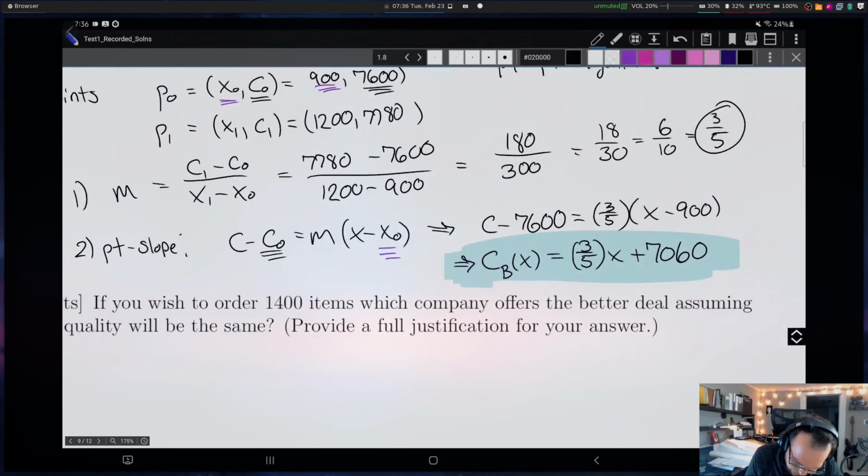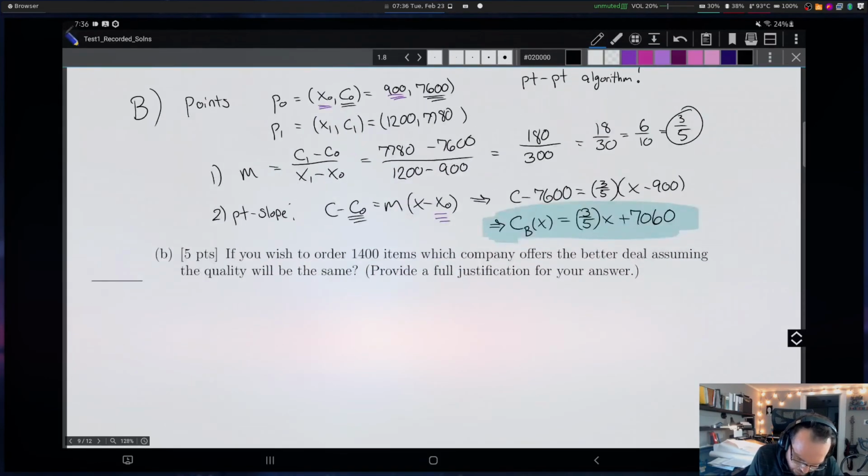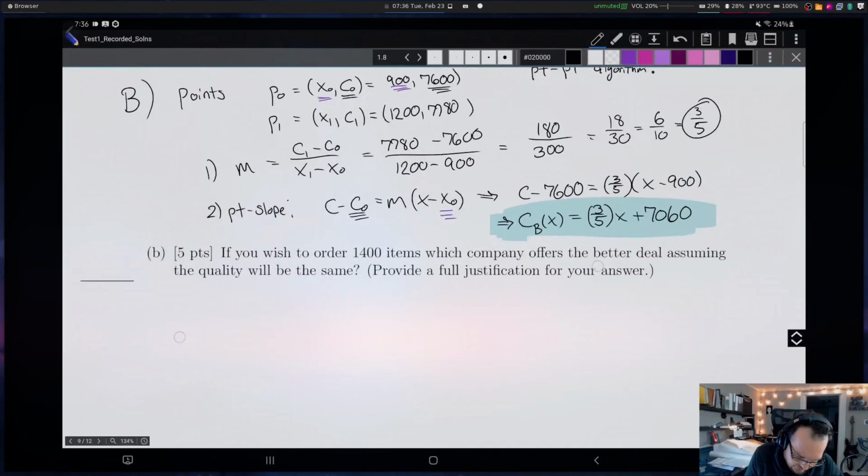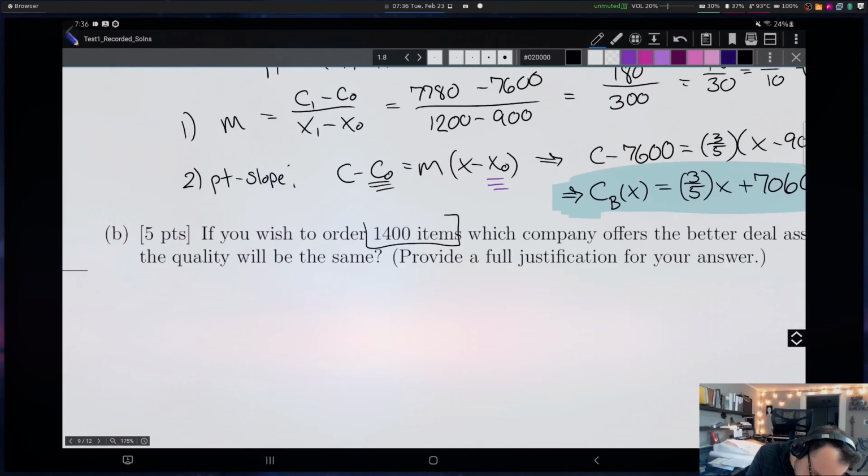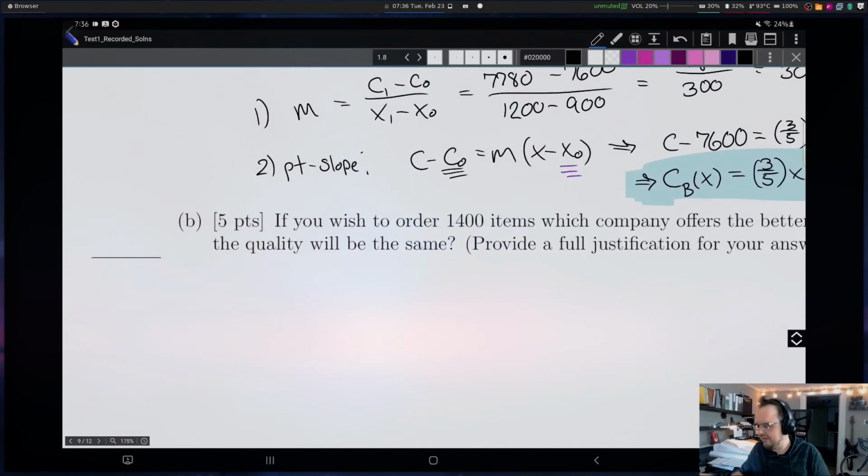Okay, so now the question for part B is, now we want to order 1,400 items, and we want to know who has the better deal. So this is a specific number of inputs, x equals 1,400, and since we know the cost depends on the number of inputs, we can just evaluate the function at this number.